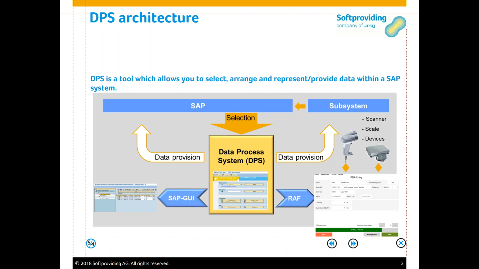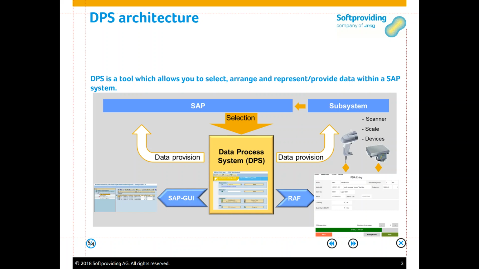What is DPS about? DPS is a tool which allows you to select, arrange, and represent data within the SAP system. So we have data out of all the tables in SAP. We can select them. With our DPS workbench, we can arrange them on layouts and then display them on SAP-GUI or on RAF.